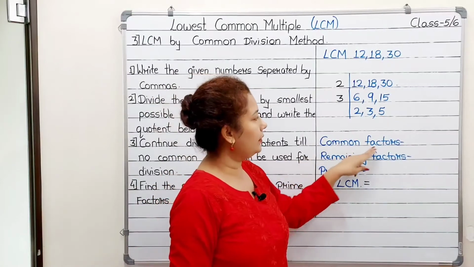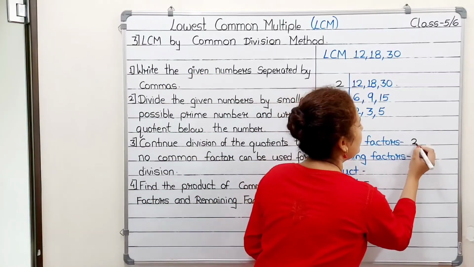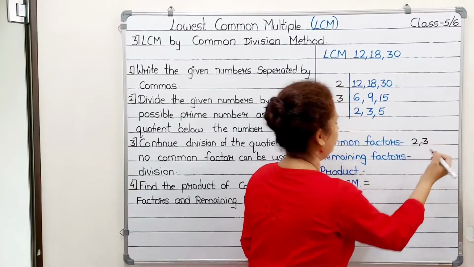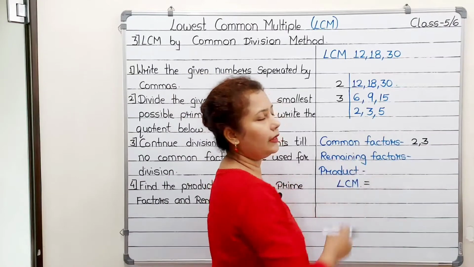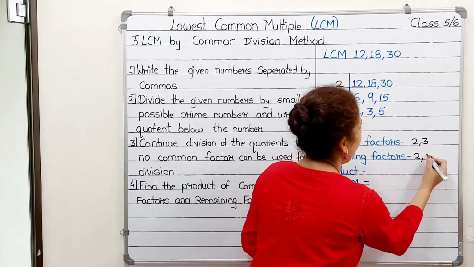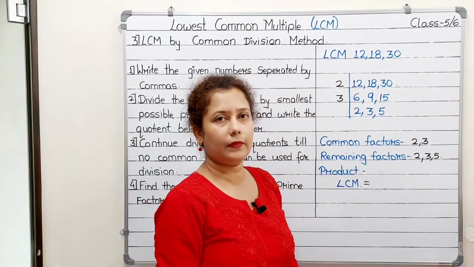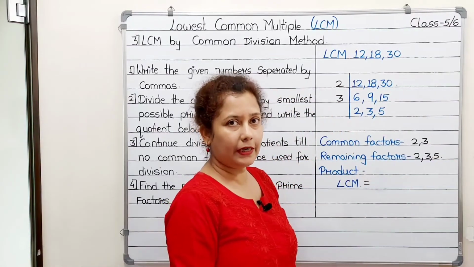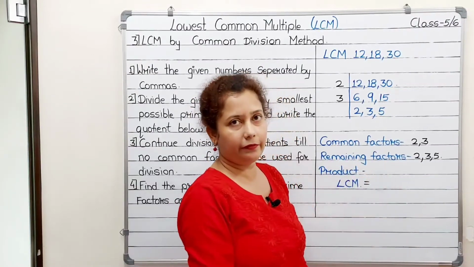Next we will write the common factors. Common factors are 2 and 3. And remaining factors, or the factors in the last row, are 2, 3 and 5. Last step, we will multiply all the common factors and all the remaining factors.